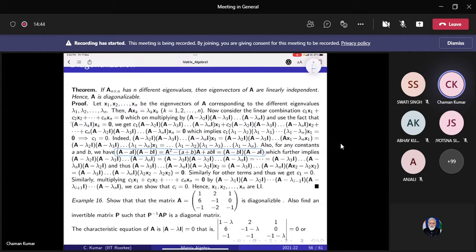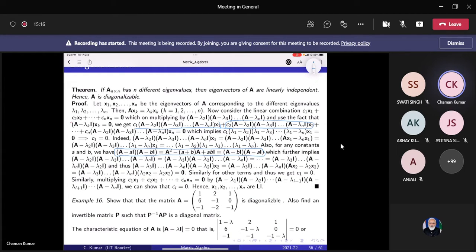For example, when you multiply this term, for the second term this will be used.